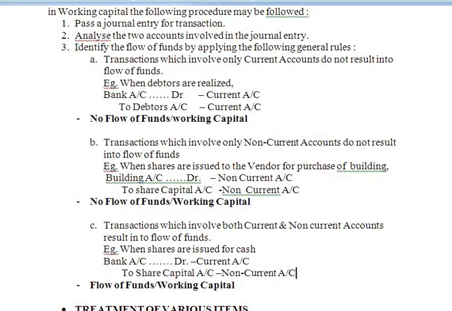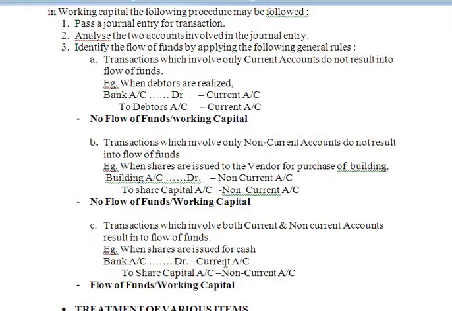Understood? Now you may ask how there is a flow of funds. Now see here, when the shares are issued for cash, the firm's cash is going to increase. Increase in cash leads to increase in current assets, and increase in current assets leads to what? Increase in working capital.